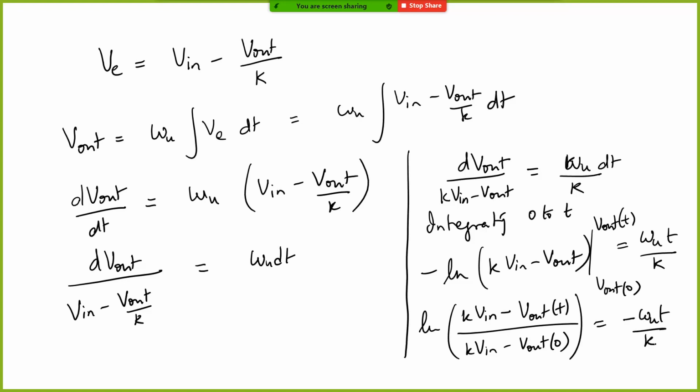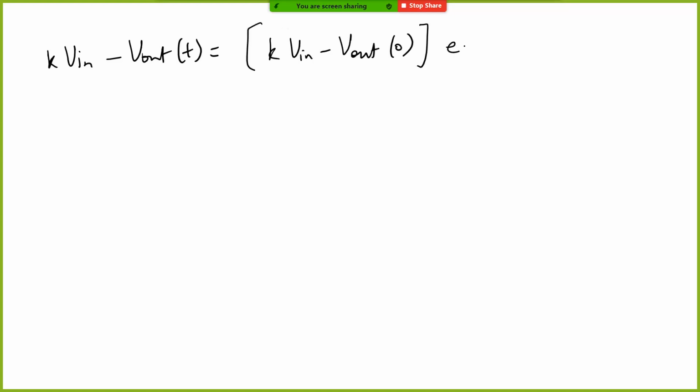Now how do we solve this? We take exponential on both sides, and therefore we have K times V in minus V out of t can be written as what? K times V in minus V out of 0, e to the power of minus omega u t by K. What we are interested in is V out of t, right?